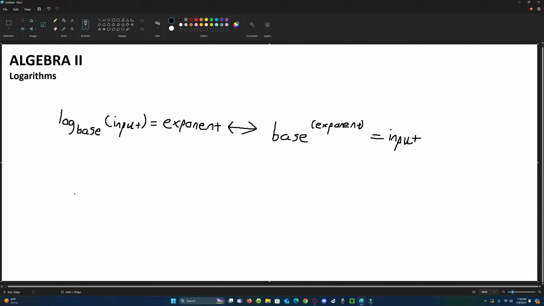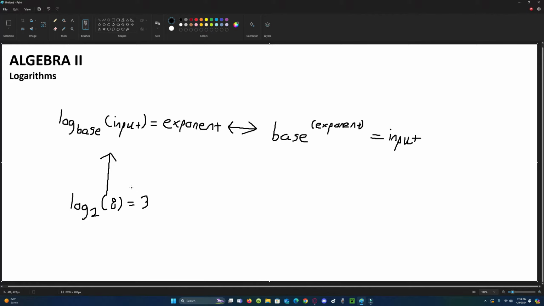And you can see this in a simple equation like this. Log 2 of 8 equals 3. This aligns with this format, as I'm sure that you can all see.